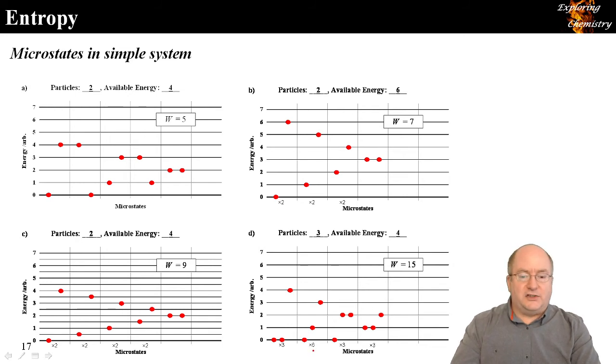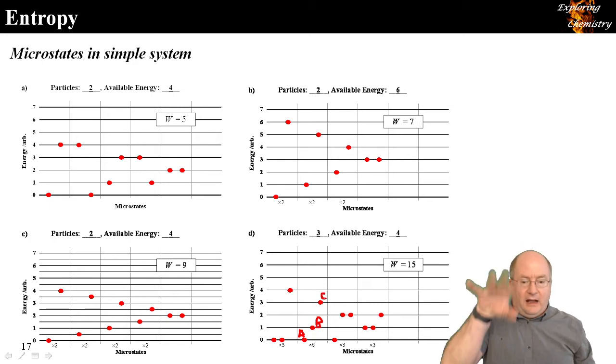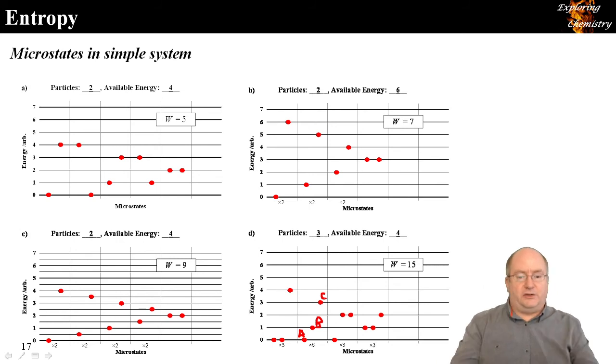I'll leave that as an exercise for you to confirm with permutations and combinations in math, or just work it out by labelling the particles A, B, and C. You can figure out that there's only 6 ways that we can distribute the energy amongst those 3 particles. Then 0, 2, 2, and 1, 1, 2 distributions. So basically, increasing the number of particles increases the number of ways, increases the entropy.